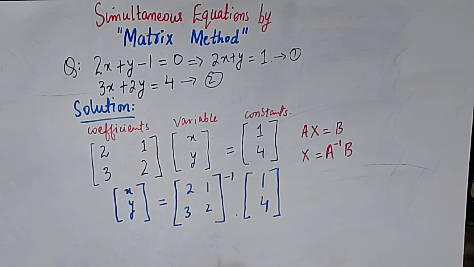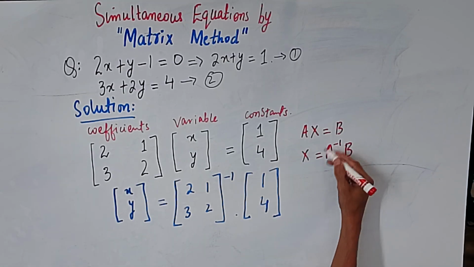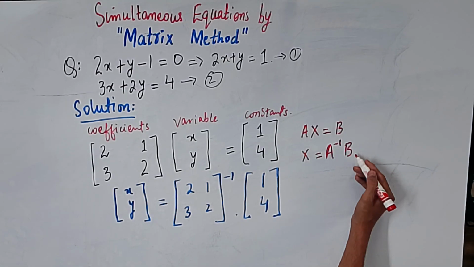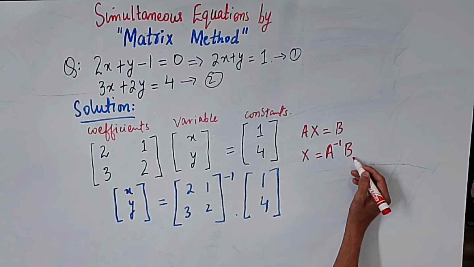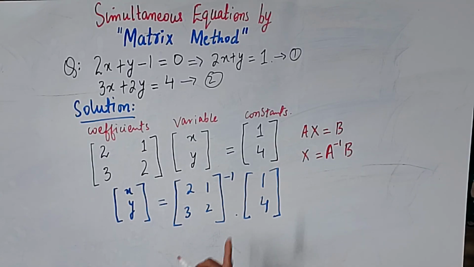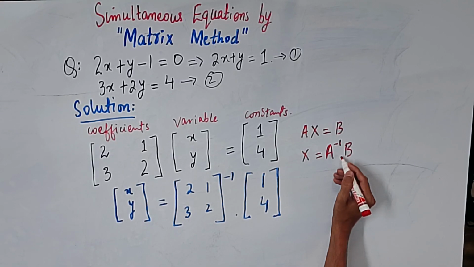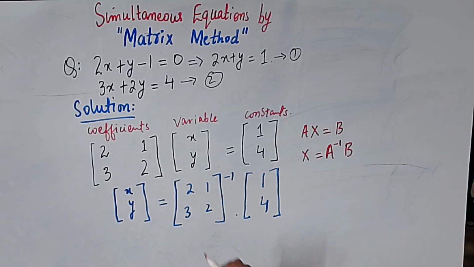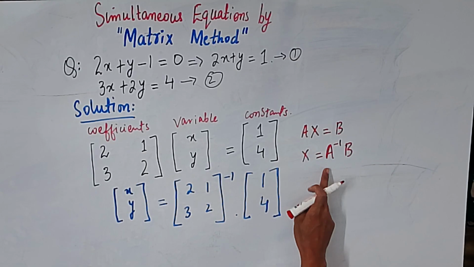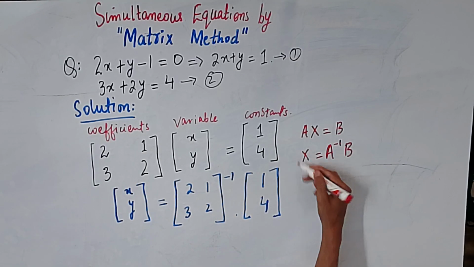And be careful about it, that you will write the inverse matrix first and then you will write the constant matrix. Why? Because in multiplication of matrices, order matters. So if you will write B into A inverse, that will be something else. So you need to be careful in this particular method over here in this step.